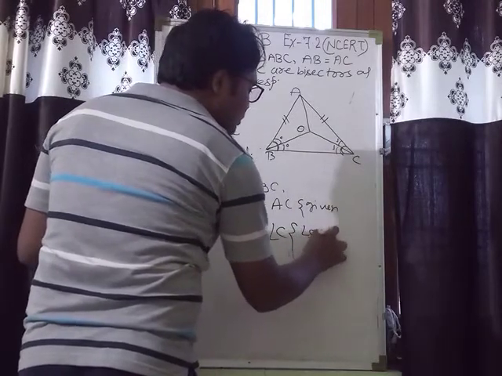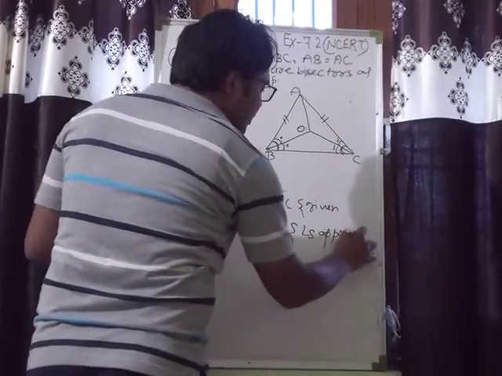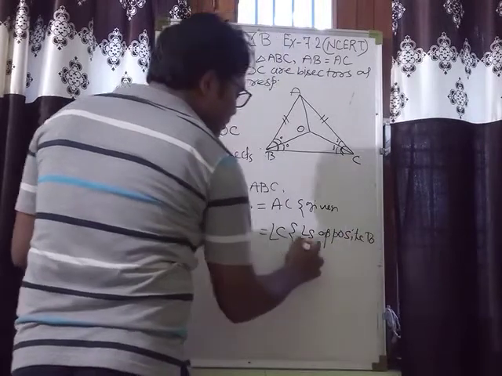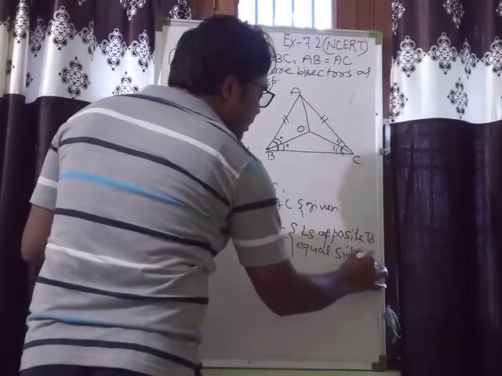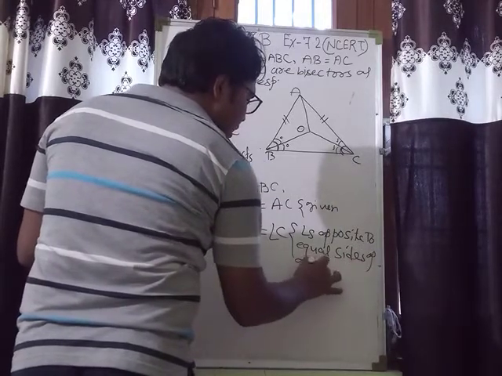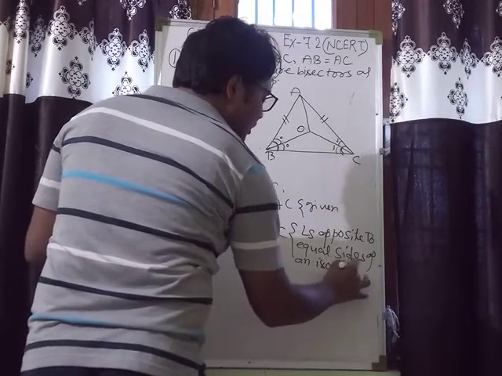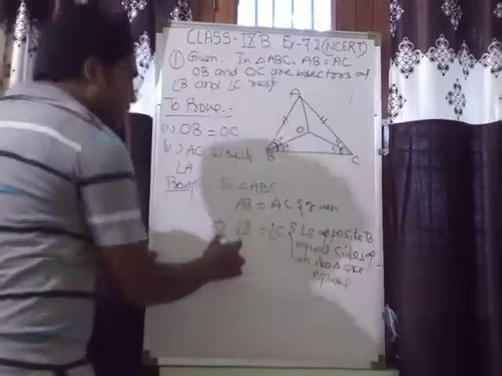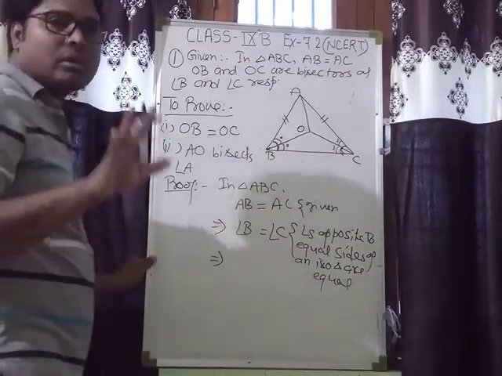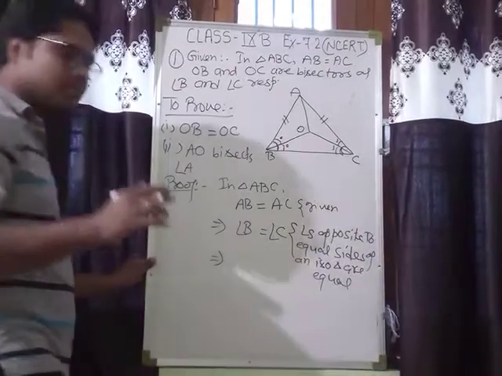Angles opposite to equal sides of an isosceles triangle are equal. Got it? So because these two angles are equal, their halves will also be equal.